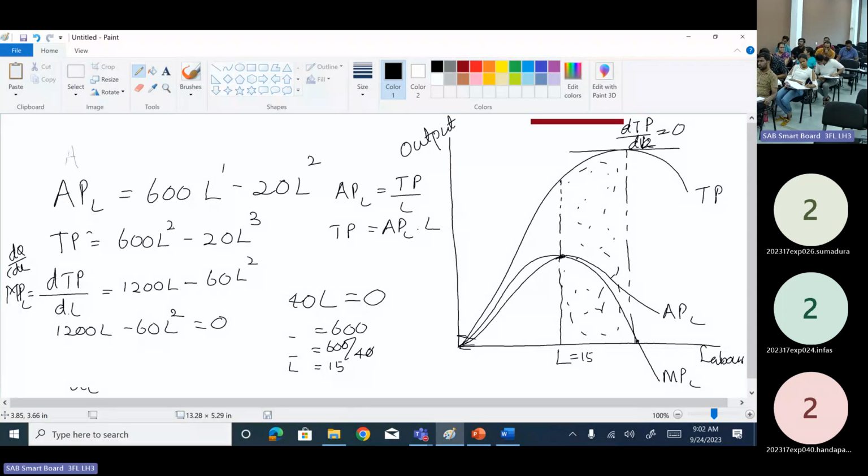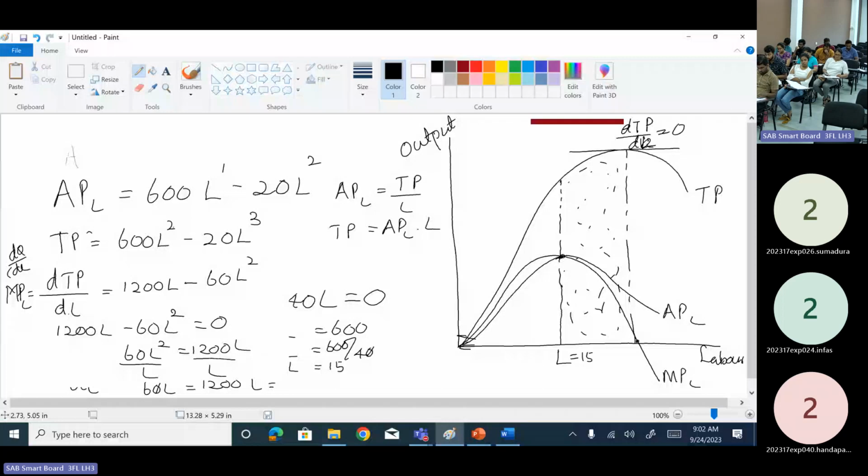How much? 1200 L equals 60 L square, right? We cancel out the negatives, then you can divide both sides by L. 1200 equals 60 L. L means how much? 20, right?